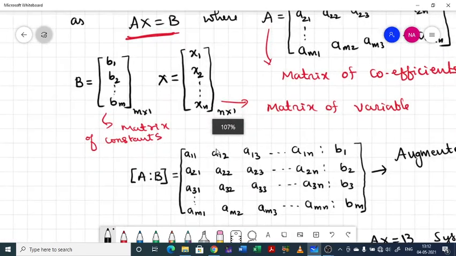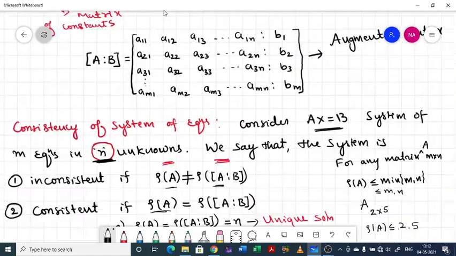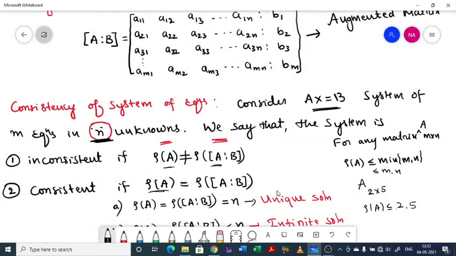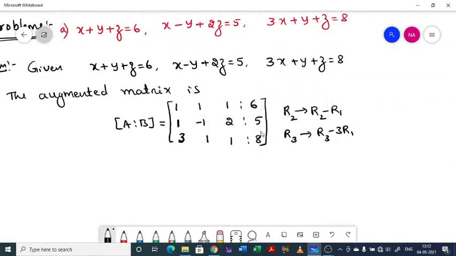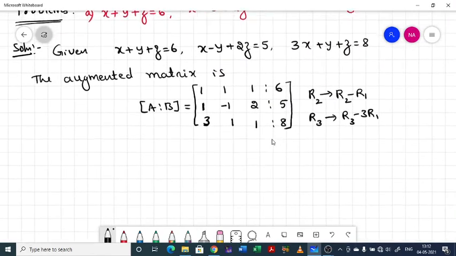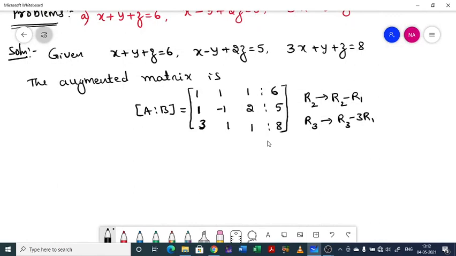Okay, then applying those operations, the matrix will be: first column, there is no change, it will be as it is. So 1 1 1, 1 1 1 colon 6.